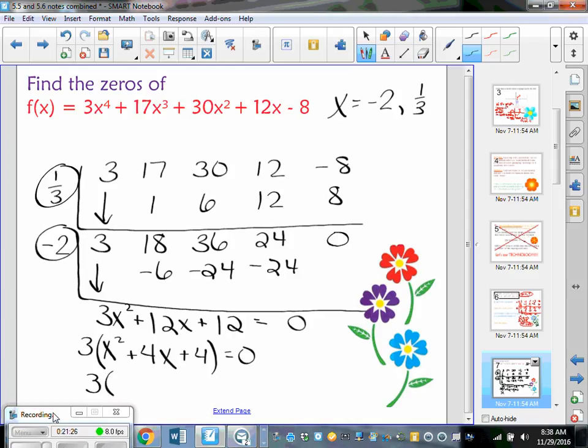Let's factor this further. What are your signs? Plus and plus. Options for 4: it's going to be the 2 and 2. So x equals -2, -2.